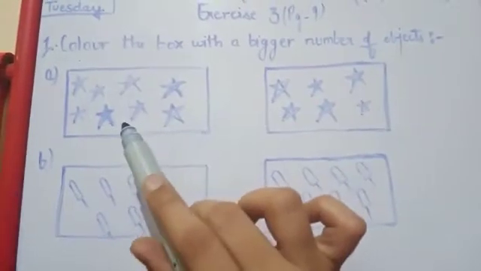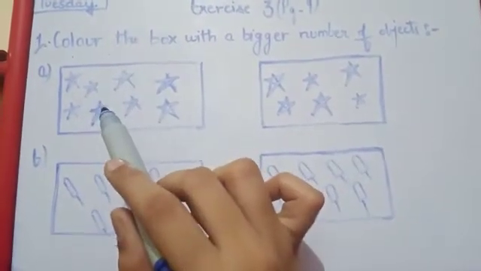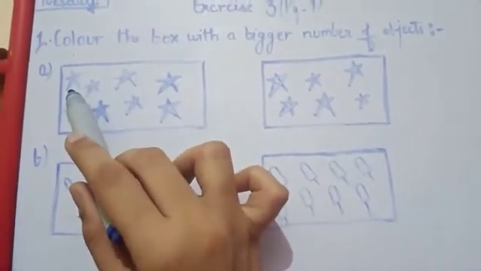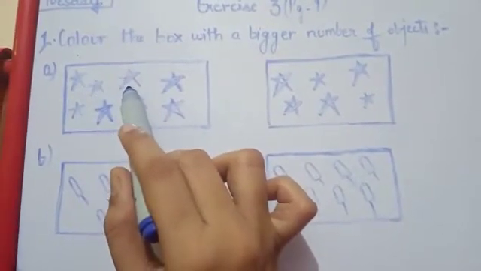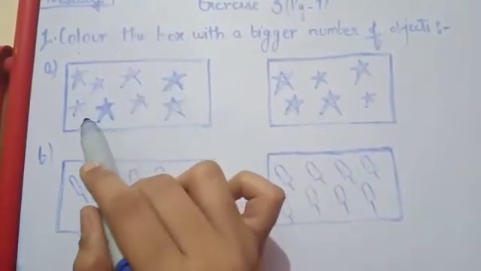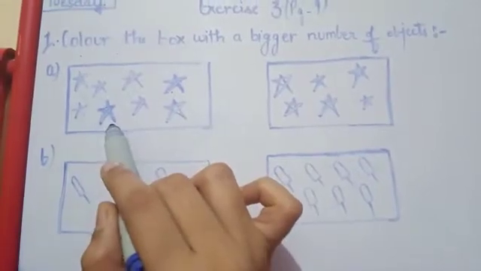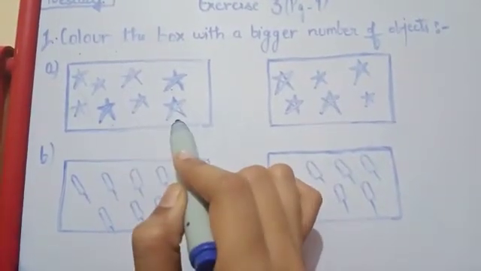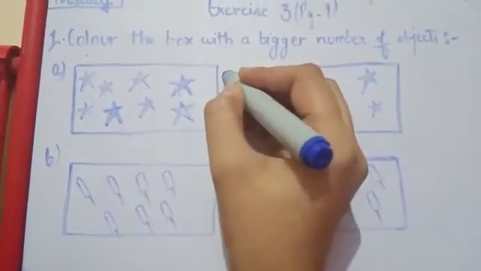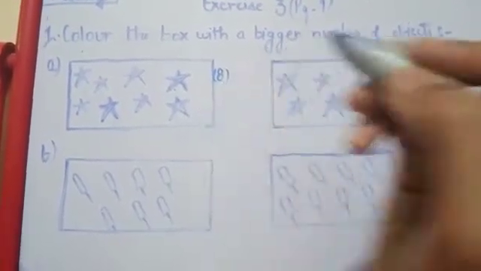Okay, first we will count the objects of the first box. 1, 2, 3, 4, 5, 6, 7, 8. In this box there are 8 objects.